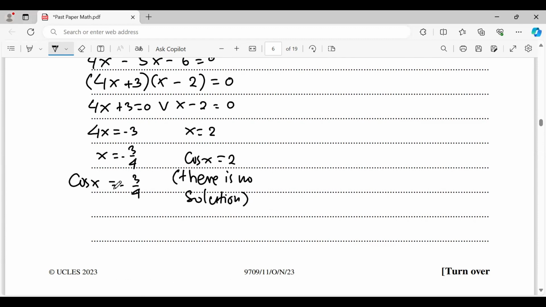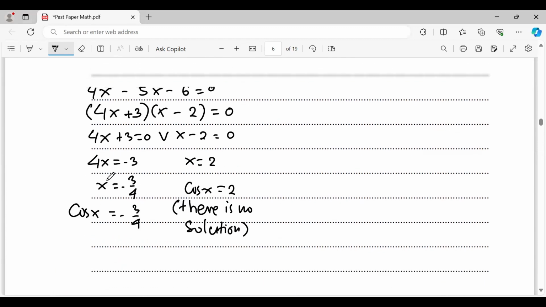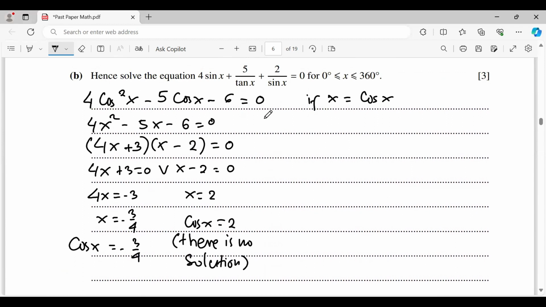Okay, now we're focusing on the statement that cosine x equals minus 3 over 4.